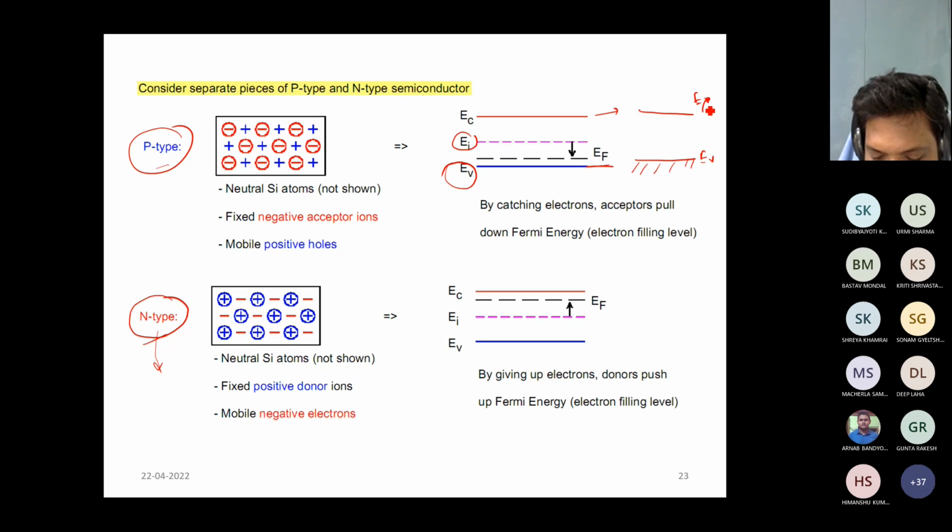For an intrinsic semiconductor, what would happen if one electron jumps from the valence to the conduction band? What does it indicate? This indicates that this is the energy gap Eg, and this amount of energy is required to break the covalent bonding.